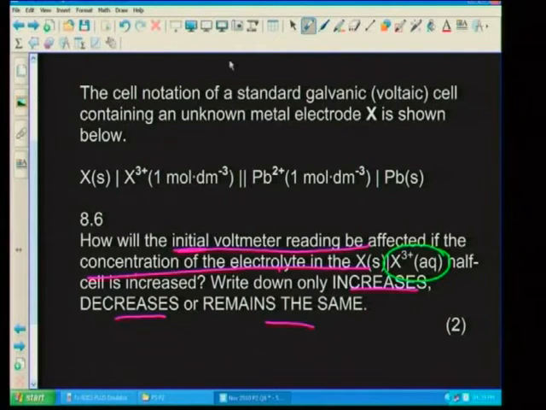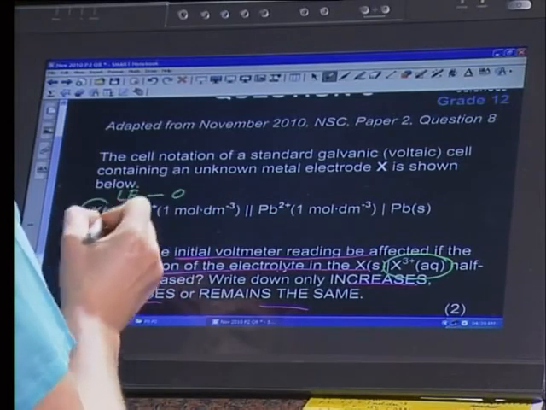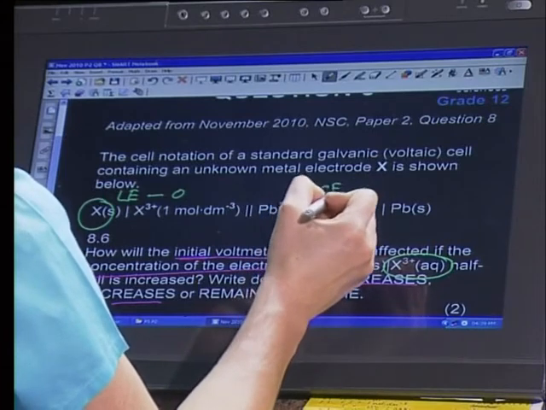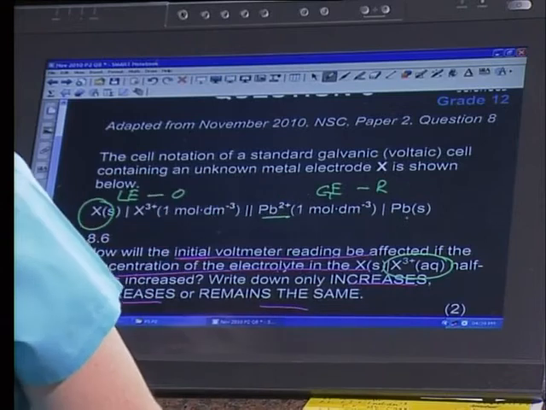So suddenly there aren't enough electrons to move around from the other side. So you will notice that there is a decrease in your voltmeter reading. Because if you go and look at your reaction, this side is going to lose the electrons, but it gets its electrons from the solid. And this side is going to gain the electrons, and it's going to go from the aqueous solution phase into the solid phase.